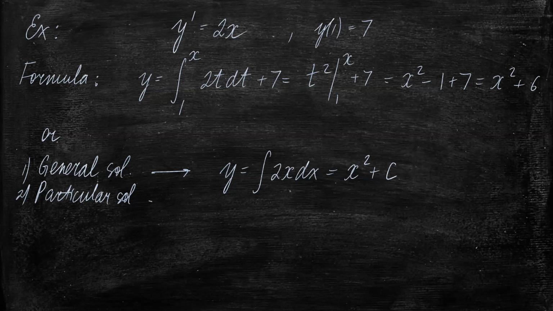And then in step 2, we use the initial value to solve for c. And c is equal to 6. So either way, we get the same exact answer. So this is an introduction to the initial value problems.